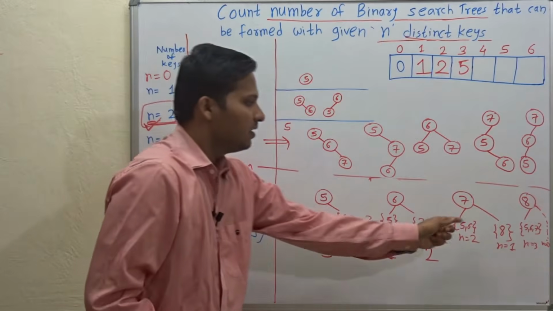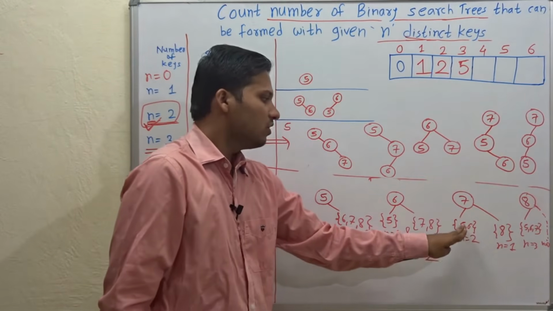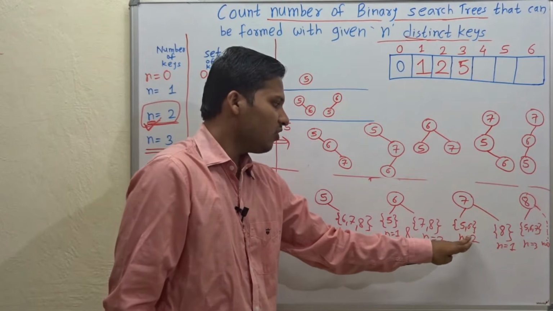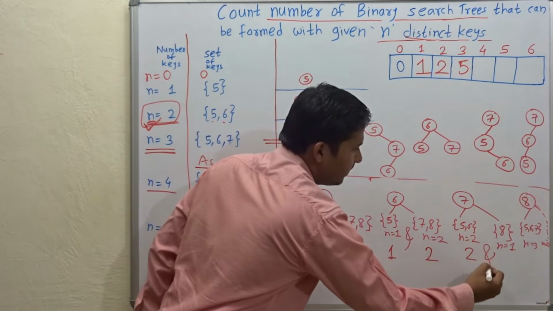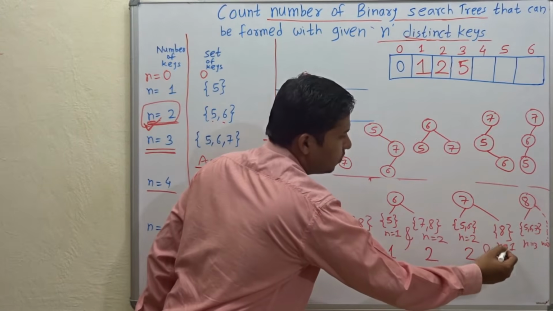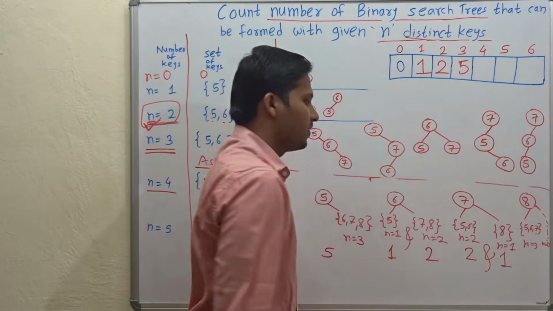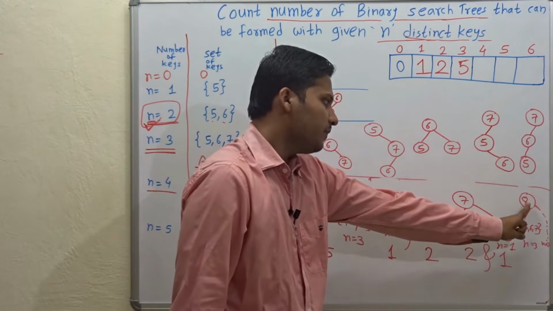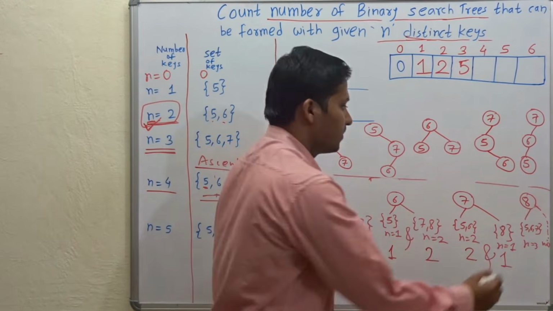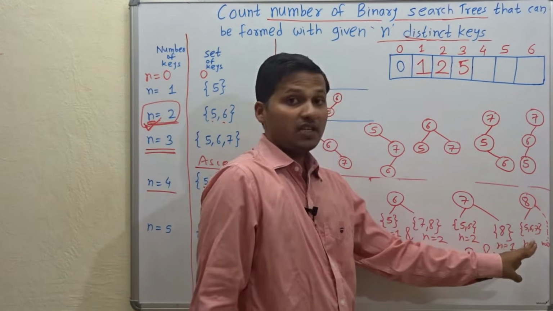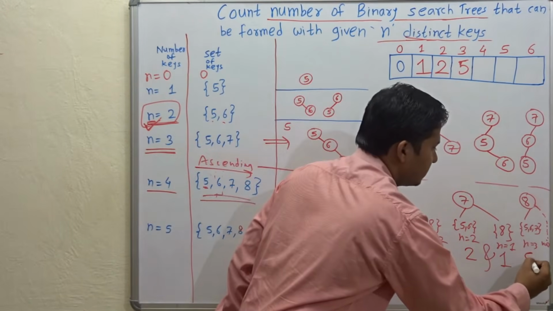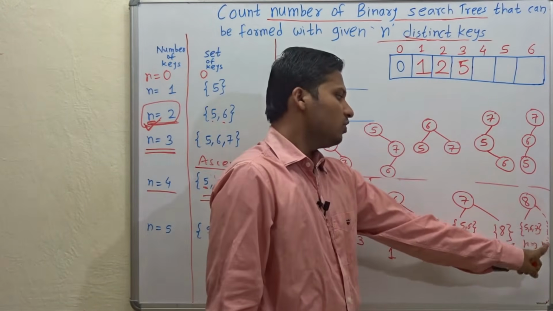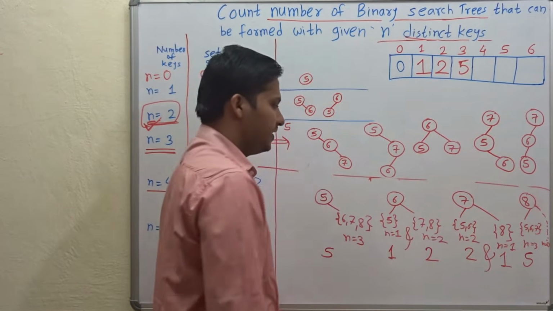Then for 7 as the root, for n equal to 2 on the left side there are two possibilities, and for n equal to 1 there is one possibility. Again, for 8 as the root, for n equal to 3 there are 5 possibilities, and for n equal to 0 there is no possibility.